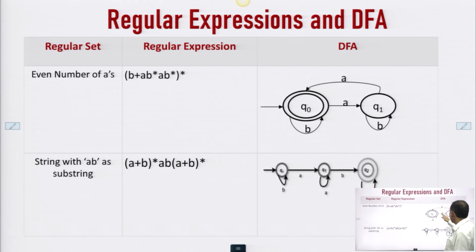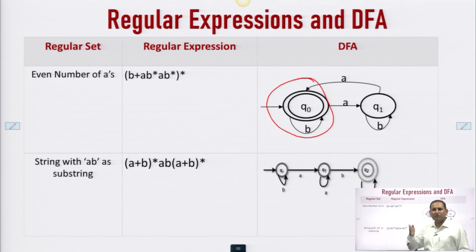Q1 is the intermediate state. The important point is that the initial state is also made the final state, because 0 A's is an even number, so I have made the initial state the final state.